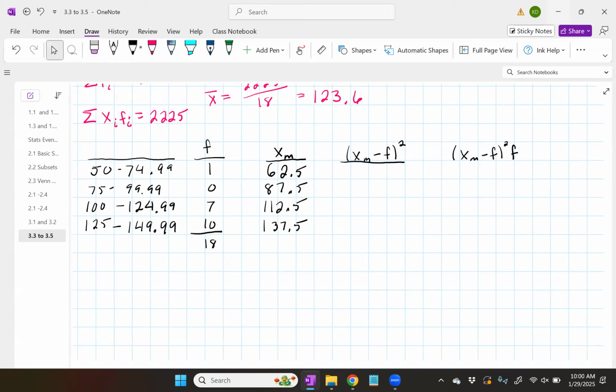Okay. So the first thing I'm going to do is take 62.5 minus our 123.6. So it's going to give me negative 61.1. And now I'm going to square that. Squared, 3733.21. Same thing, but 87.5 this time. I really didn't need to do this one.